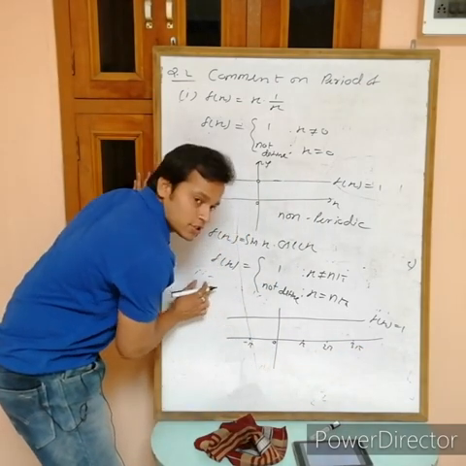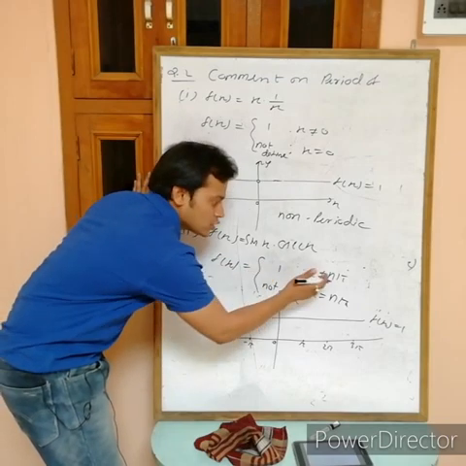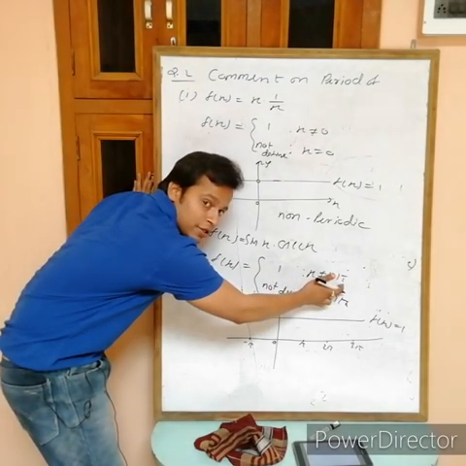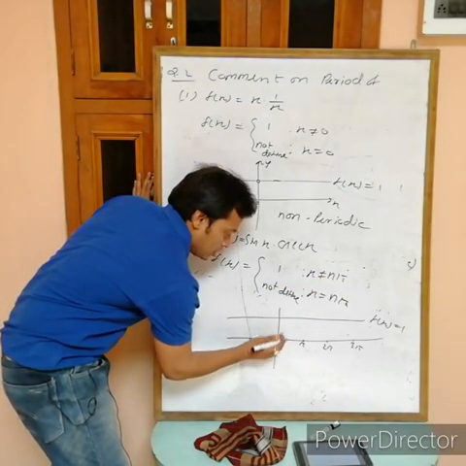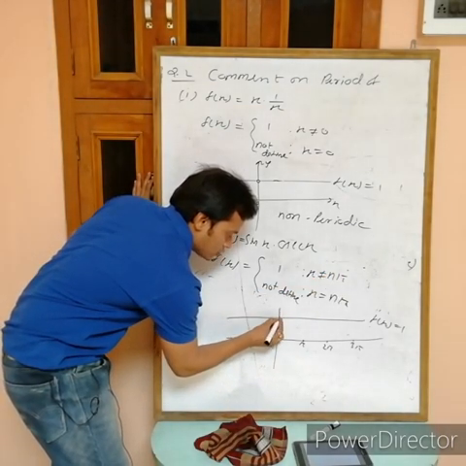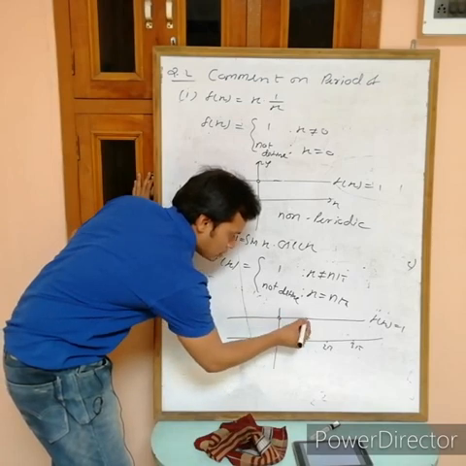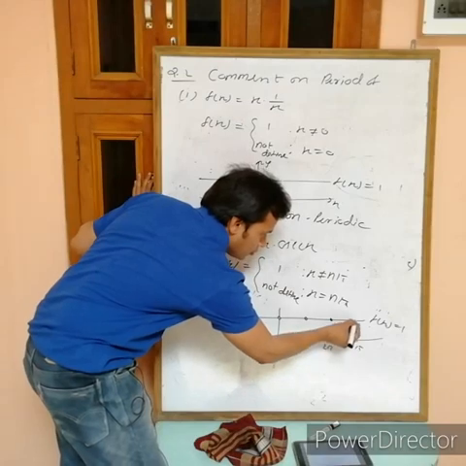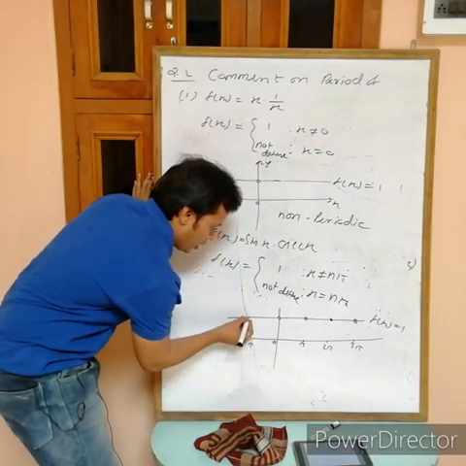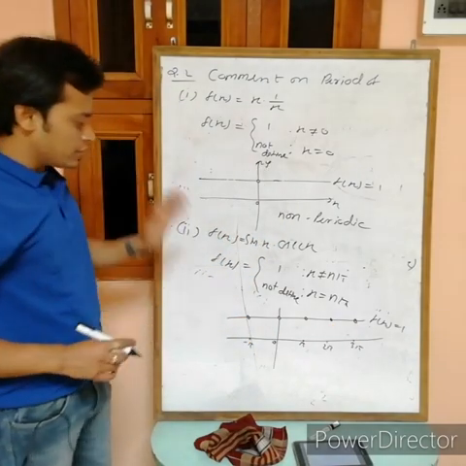So f(x) is always equal to 1 excluding integer multiples of pi, excluding n pi. So at 0 this is not defined, at pi also there is a white hole, 2 pi white hole, 3 pi white hole, minus pi white hole. Okay, so this is the graph.